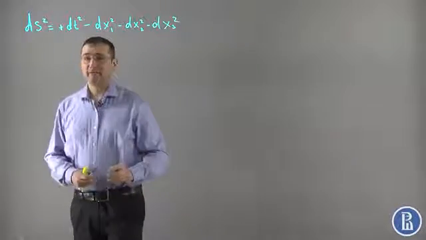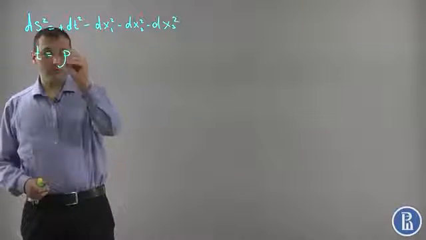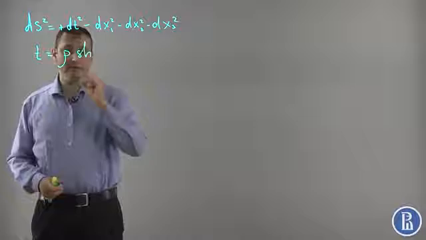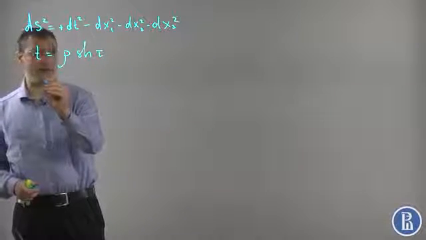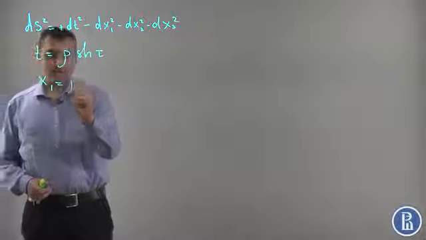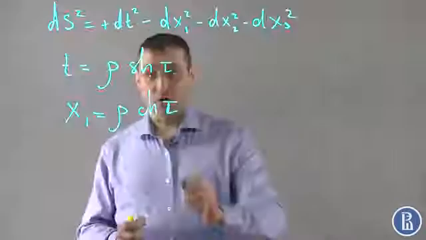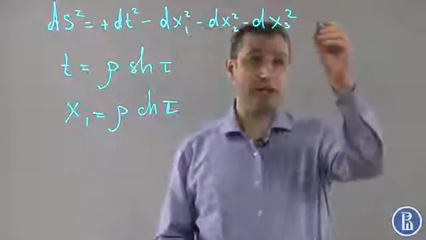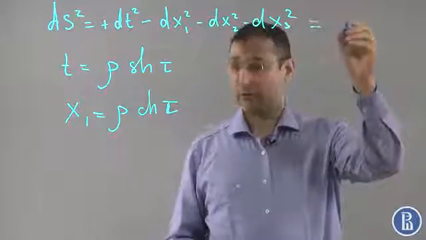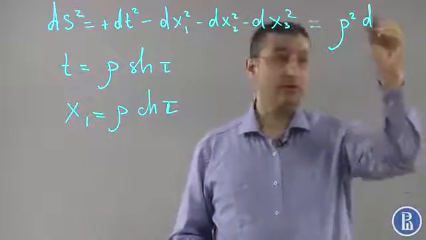And then we have made the transformation that t is rho hyperbolic sine of tau, and x1 is rho hyperbolic cosine of tau. Rho and tau are our new coordinates. After this transformation, we obtain the following metric, as we observed a few moments ago.